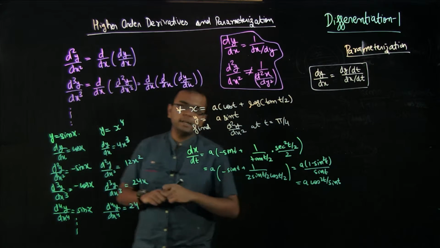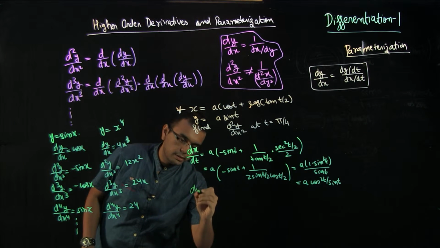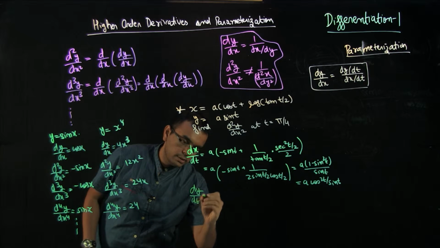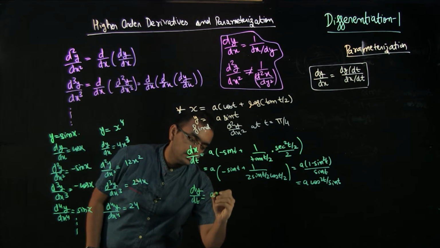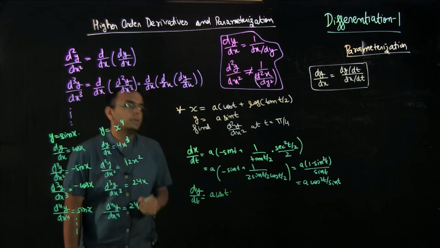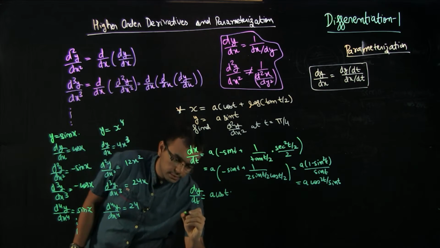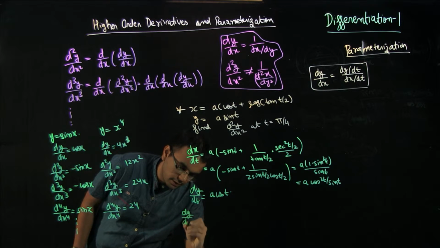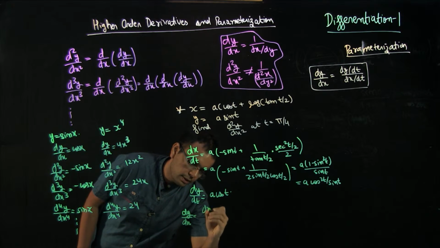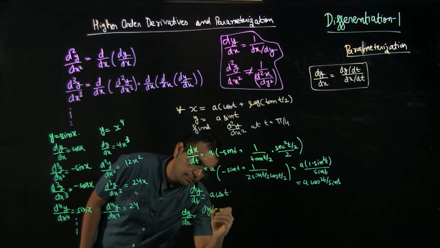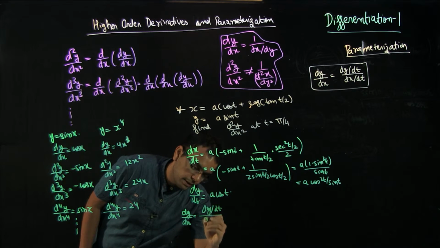Now if you want to find dy by dt, that is very straightforward. Dy by dt is a cos t. Now to find dy by dx, we can do dy by dt divided by dx by dt.